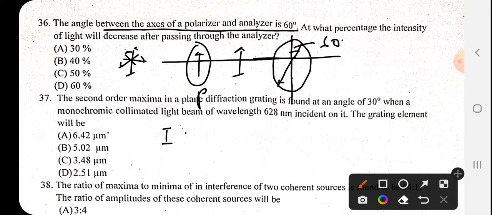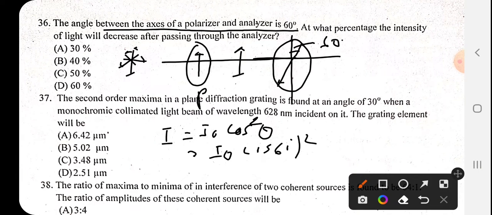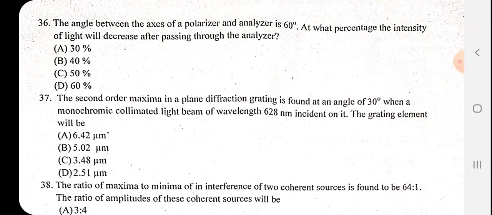So according to Malus law the intensity I equals I naught cos square theta, that means I naught cos 60 degree whole square. So what is the value of cos 60?